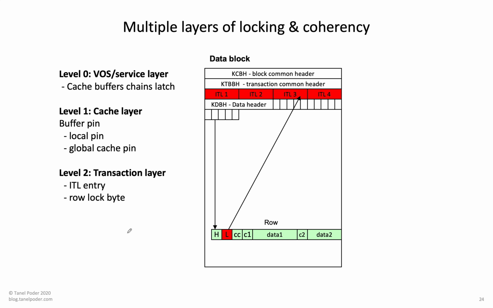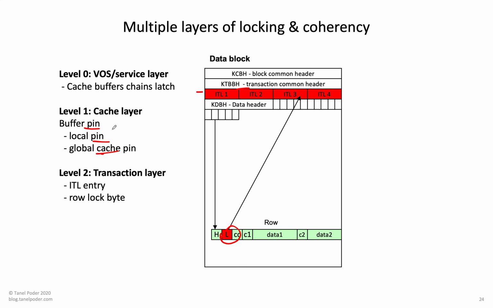In order to modify a row in this block, you have to allocate an ITL. And in order to modify anything in this block, even the ITL entry, you have to actually pin the buffer, right? So that's what the cache layer does. Local pin or global pin. You need a local pin anyway, but then you may need a global pin as well, if the owner of the block is on a remote node.